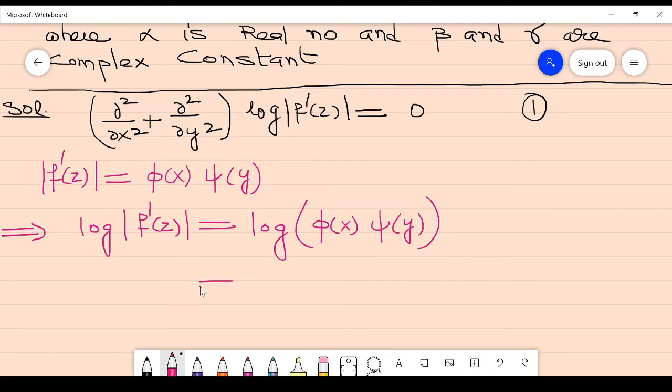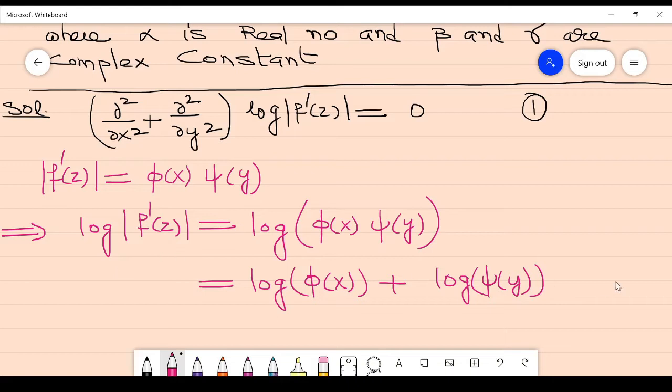Now taking the logarithm, this is log of φ(x) plus log of ψ(y). So we get the value of this. This is equation number 2.